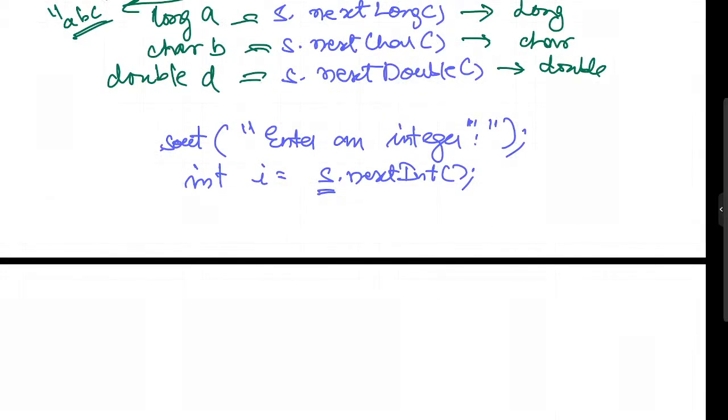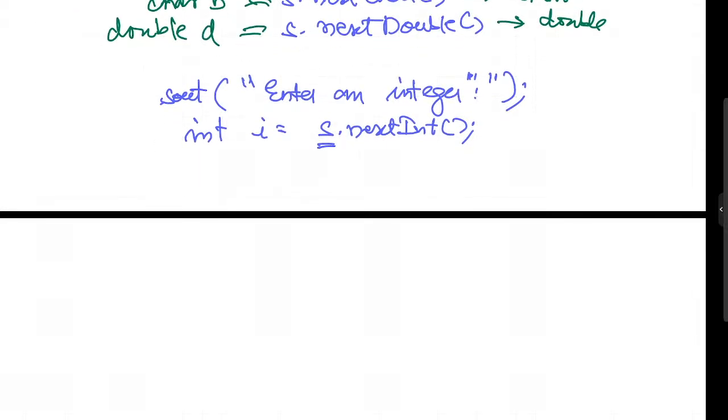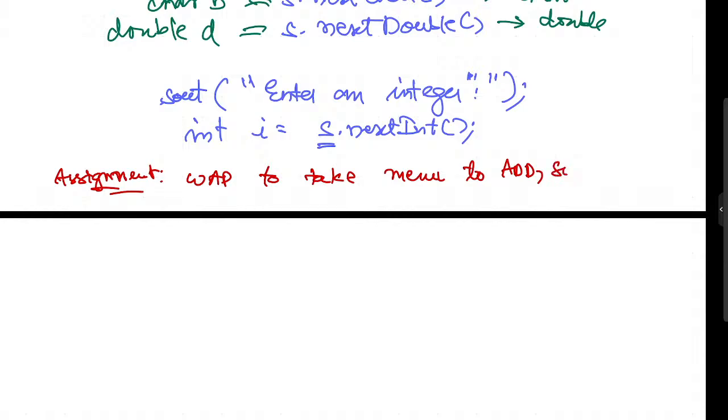Okay. So I'll give you one more small assignment. Very small assignment: write a program to take a menu to add, subtract, multiply, divide and mod any two numbers, right?